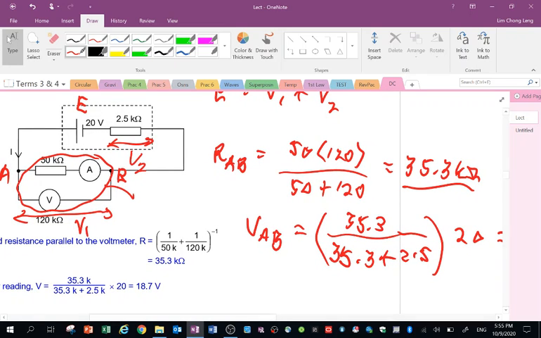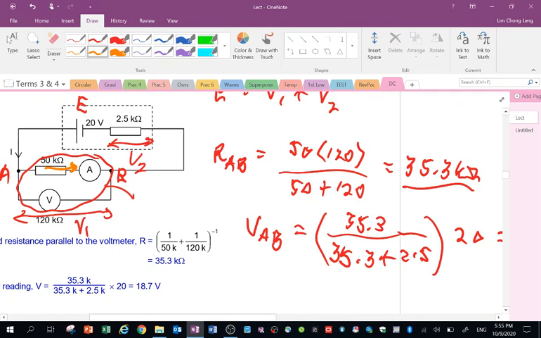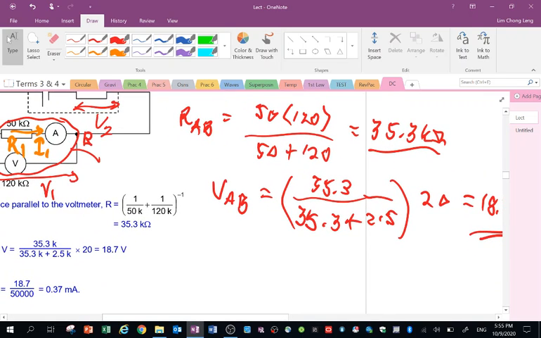If I want the current through the 50 kilo ohm resistor, the resistance of the device, I call it R1. If I want to calculate the current I1 going through R1, I calculate I1 equals the PD V_AB divided by the resistance R1.